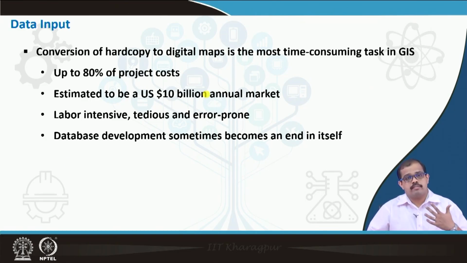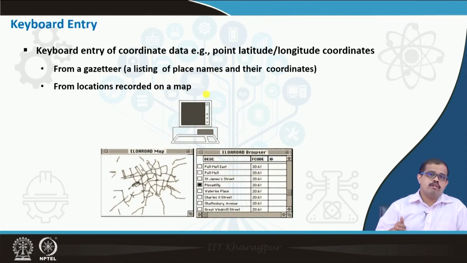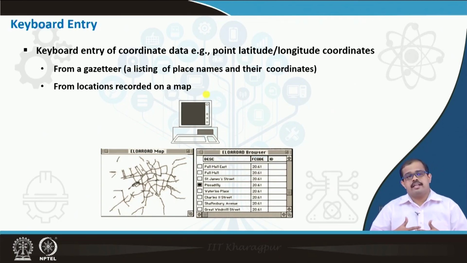Understanding this, the first way of data entry is the keyboard. With keyboard entry, it is basically coordinate data, like lat long coordinates that you enter, as shown here. It may be from a gazetteer, a listing of place names and their coordinates, it may be from your census data, a listing of names and coordinates, or from locations recorded on the map.